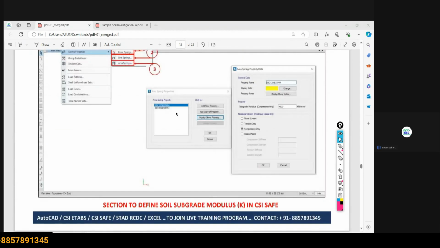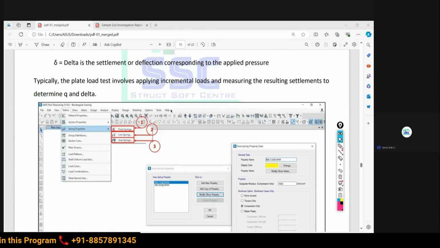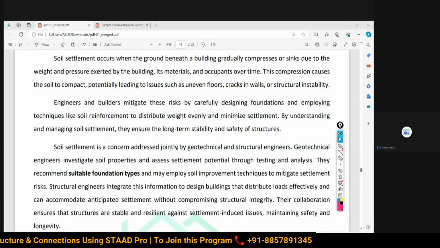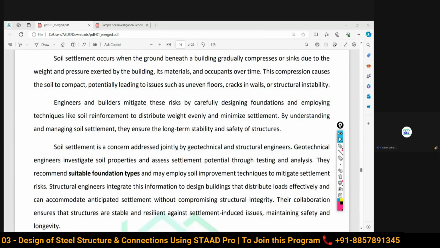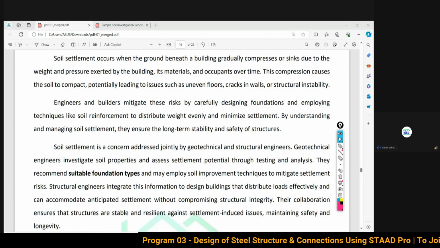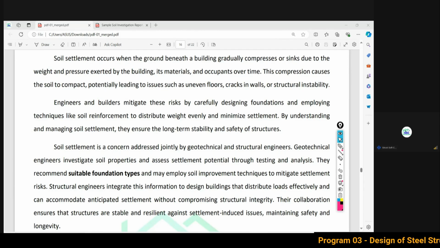One more important thing: if you talk about soil, we cannot avoid settlement in the soil mass, because if you apply the load, settlement is going to happen anyhow. The soil mass and earth surface are natural, so we don't have that much scope of control.